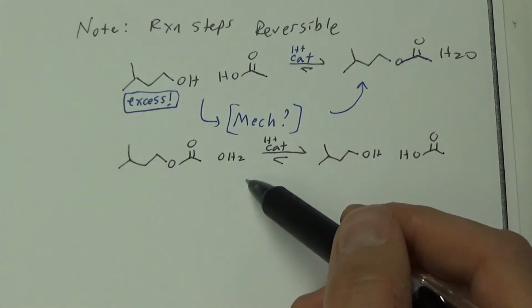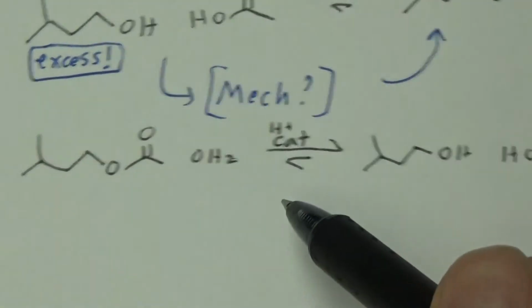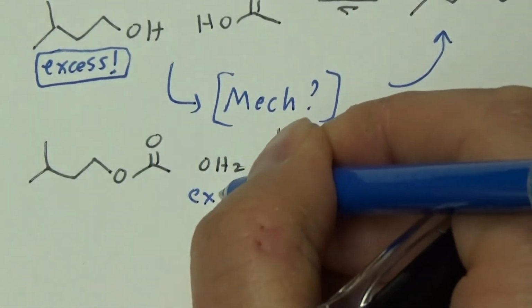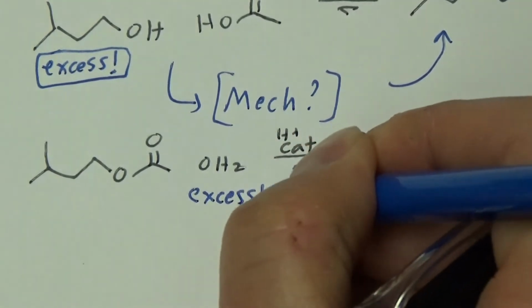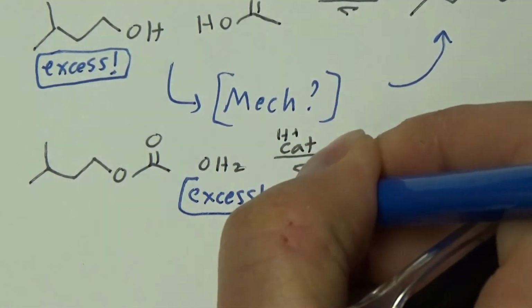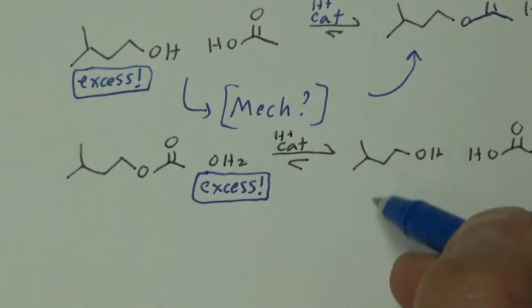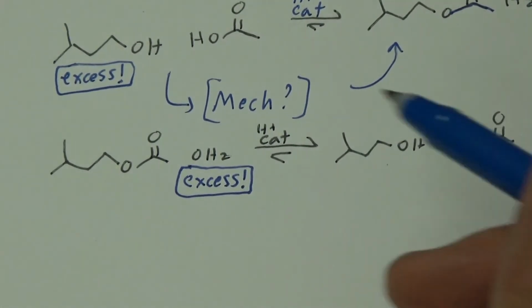Maybe, what's the cheapest chemical on the planet? I would imagine water is, I don't know this for a fact, but water is pretty cheap as a chemical reagent. And that would actually cause the hydrolysis reaction.